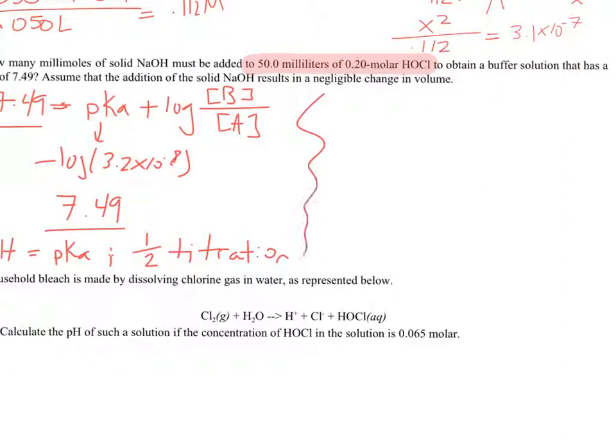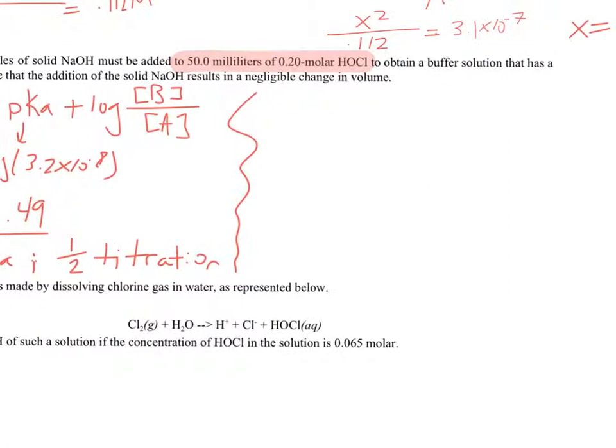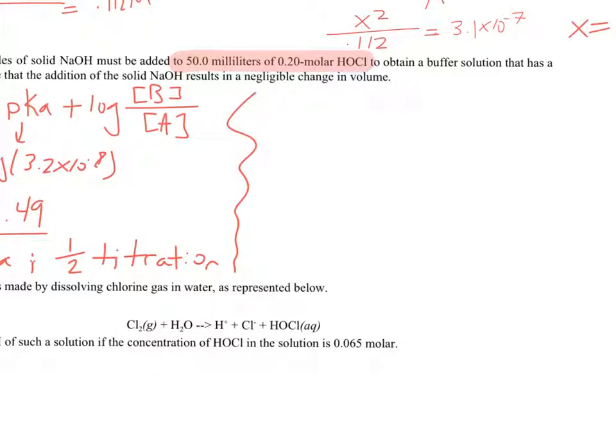So let's calculate the number of moles of HOCl that I have. I'm going to put a pin in this side of the problem and do the next part. So remember, I'm trying to take the moles of HOCl and cut it in half, because that's half to the titration point. And I'm cutting it in half by adding NaOH to the solution. So take 50 milliliters, or 0.050 liters, multiplied by 0.20 molar to figure out the number of moles.